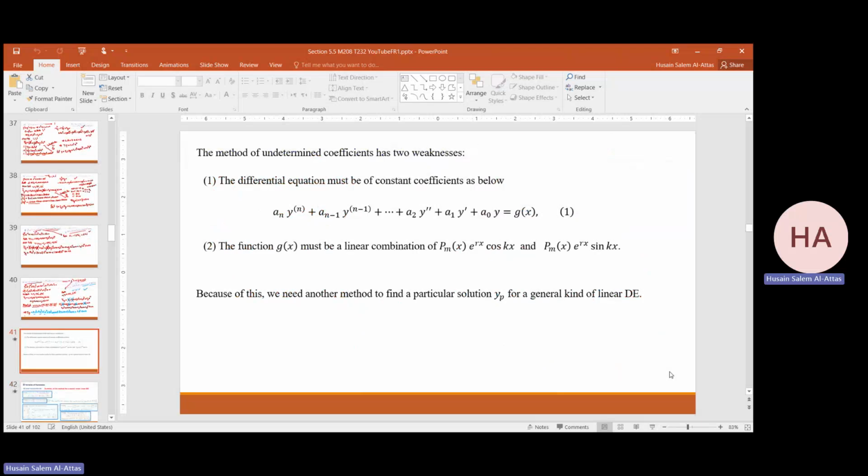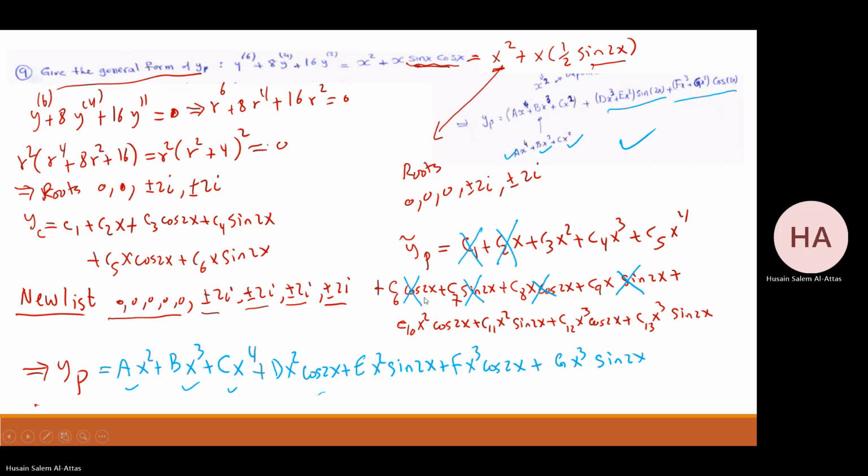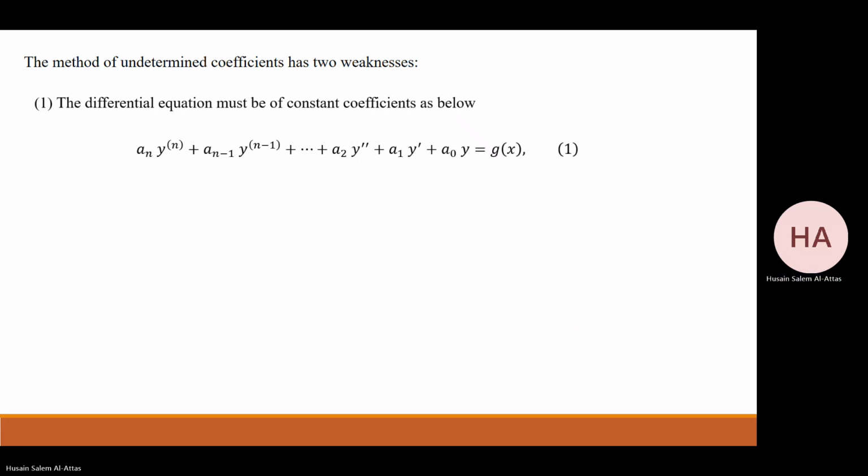Now I will move to the second method. Why do we need the second method? Because the method of undetermined coefficients maybe will not work in some cases. What are these cases? If the coefficients of the differential equation are not constant, this method will not work, because it actually depends on something called the annihilator approach, which is not part of this course.